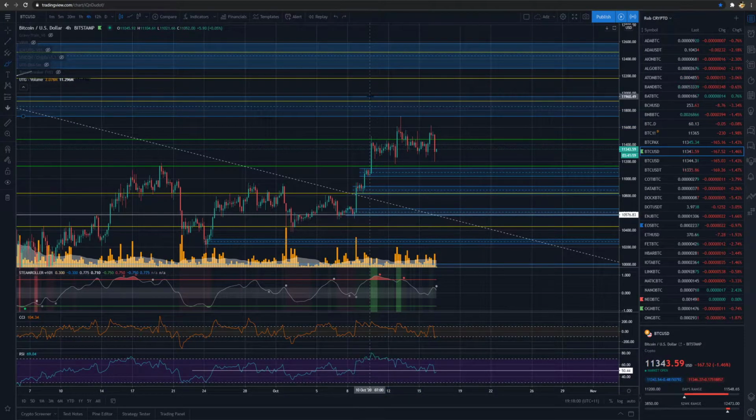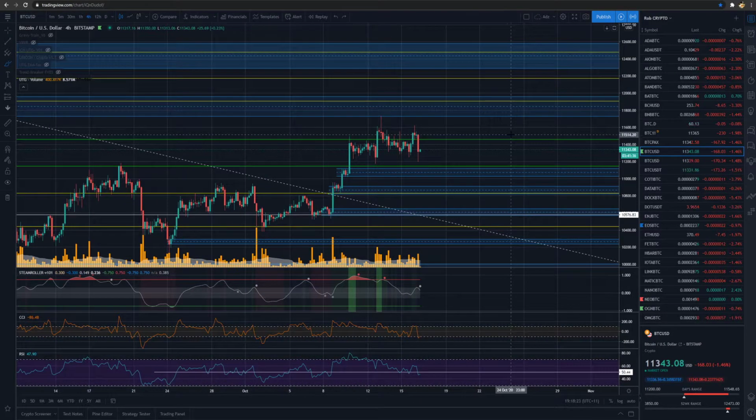So moving on from that 11,750, we have been trending underneath this 61.8 Fibonacci retracement, and without a huge increase in volume, we have pushed down, and we are now sitting at about 11,335 after that flash dump there.